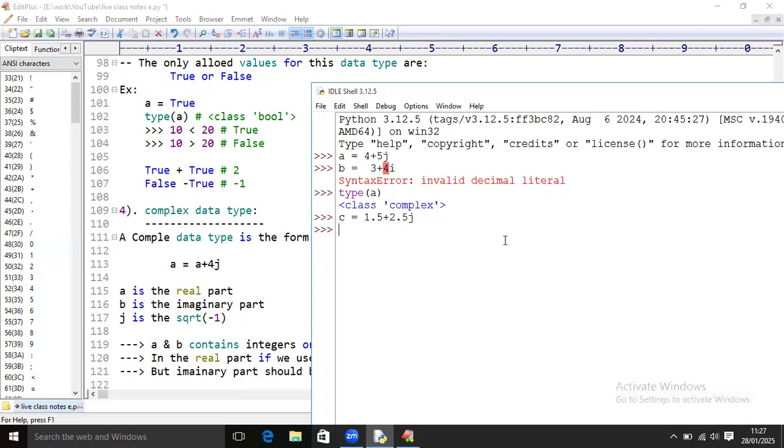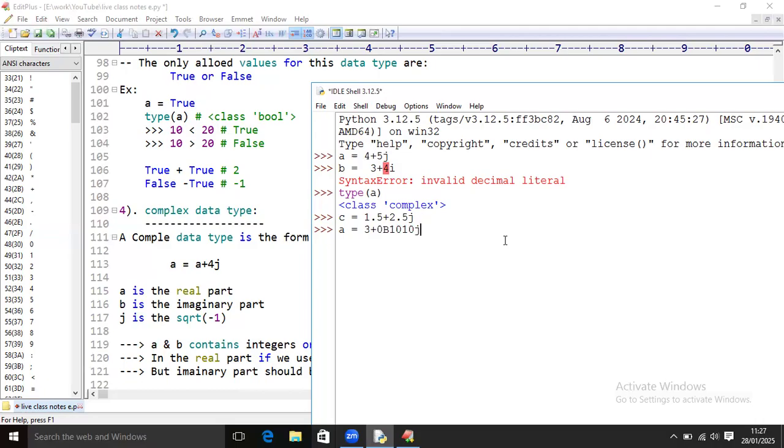So here I'm going to give different kinds of inputs like binary or octal numbers in the imaginary part. Let's try. A equal to 3 plus 0b1010j. Binary numbers are represented with 0b, octal 0o, hexadecimal 0x. For decimal we do not specify any prefix.